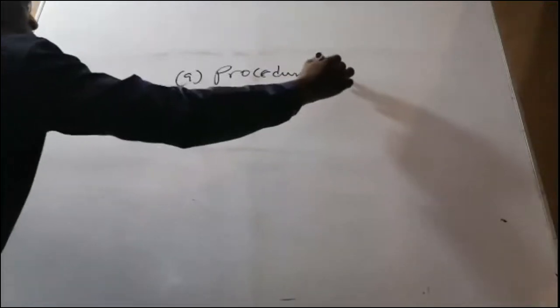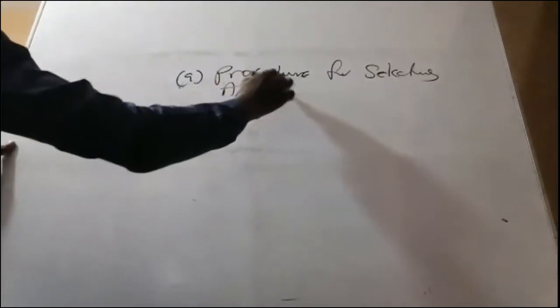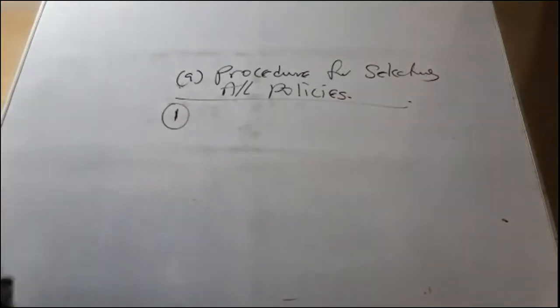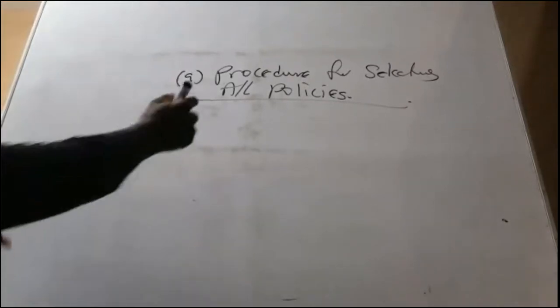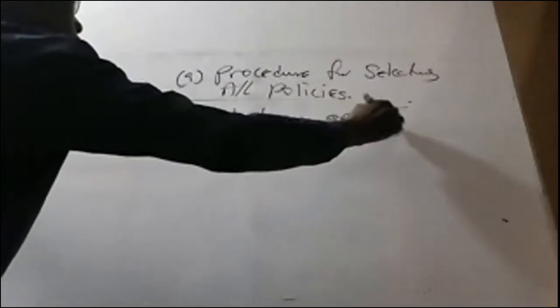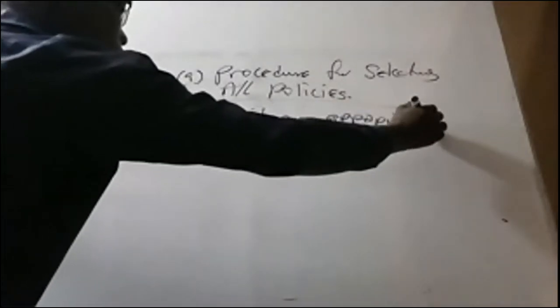So the procedure for selecting accounting policies, I put them as points. One, select an accounting policy which is appropriate. So first point, select appropriate accounting policies.